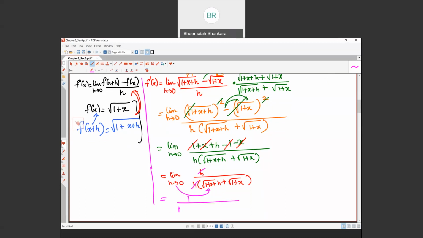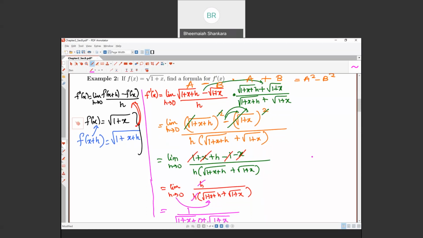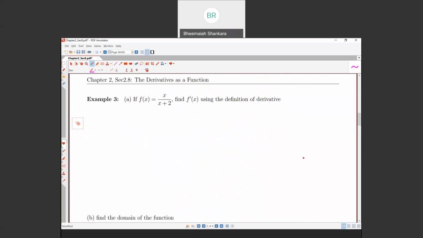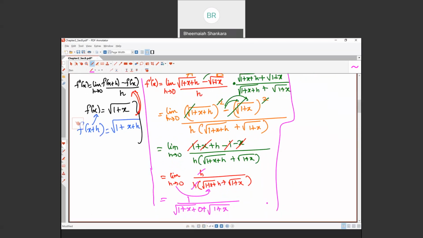So you have square root of 1 plus x plus 0, and then you have plus square root of 1 plus x. Now you have simplified this for one last time. This can be rewritten as 1 over 2 times square root 1 plus x. And this is your final answer.